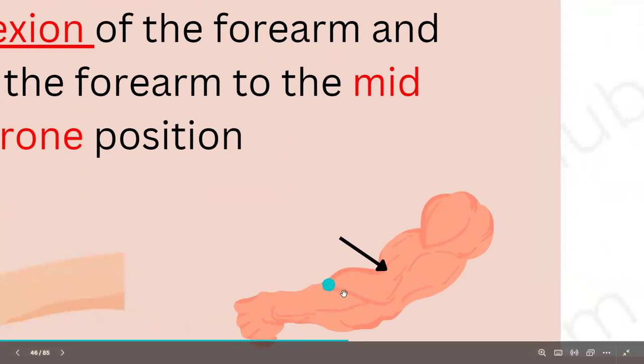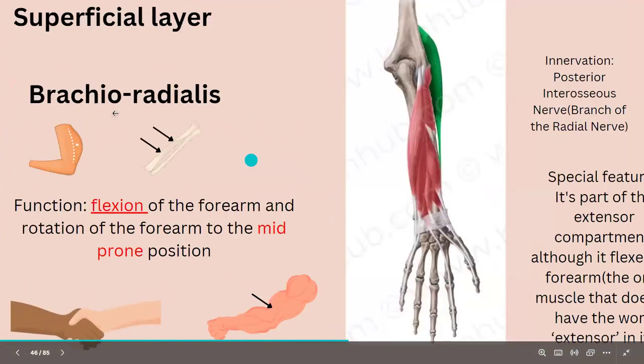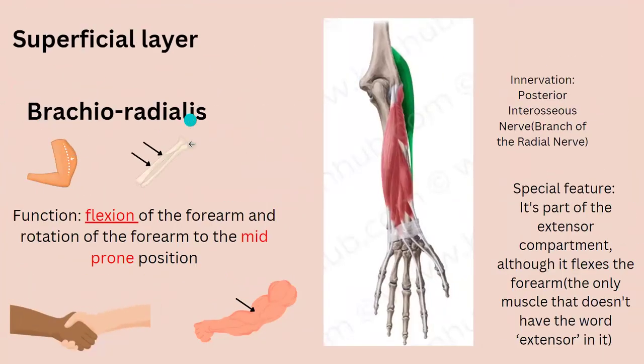So this right here is the brachioradialis. Brachial means on the arm, and radialis means radius, so this muscle attaches to the humerus region and the radius. Function: flexion of the forearm and rotation of the forearm to the mid-prone position. It's really important to know which muscle induces the mid-prone position.